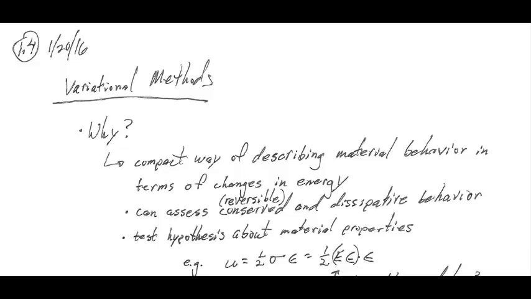So if you have a material that goes through phase transformation, if it undergoes plasticity, fracture, we can start identifying where are those dissipative mechanisms occurring and how does it contribute in the grander scheme of the reversible behavior.